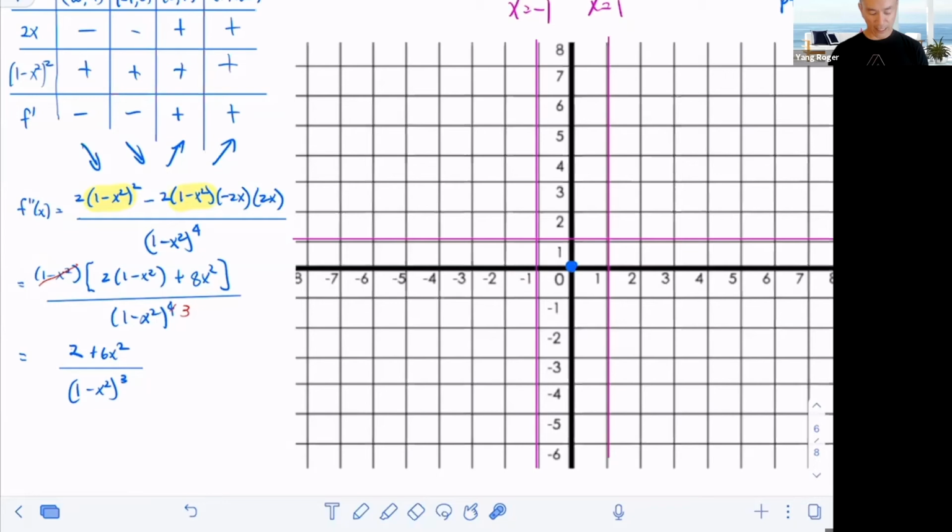So we want to see where the derivative doesn't exist and where the derivative is equal to 0. Is this numerator ever equal to 0? I don't think so.